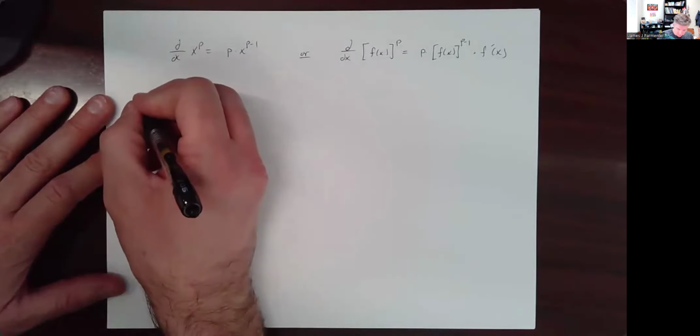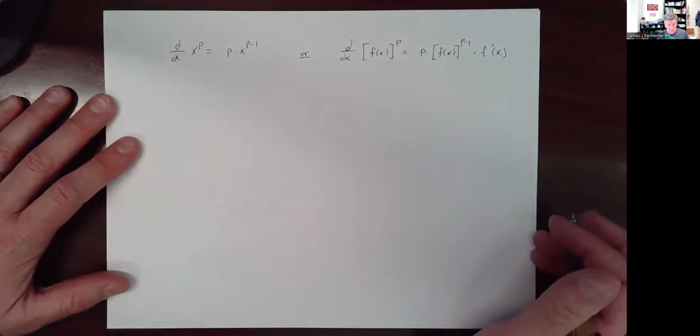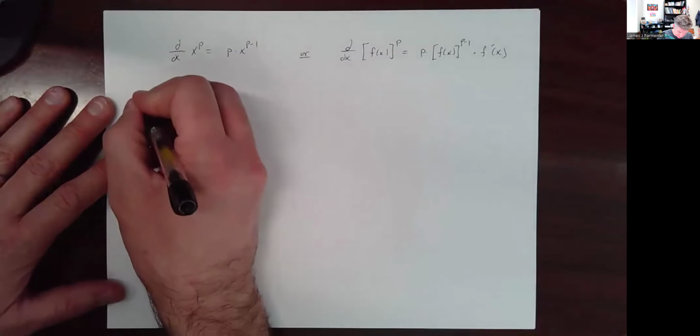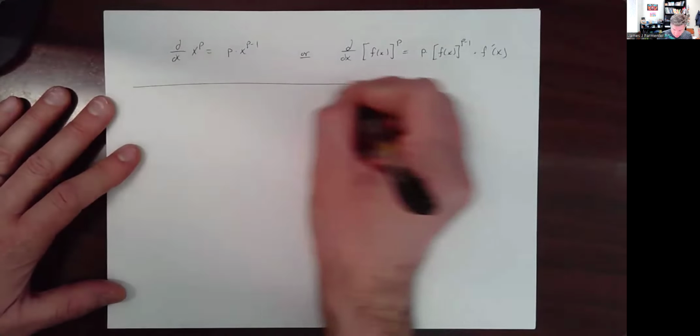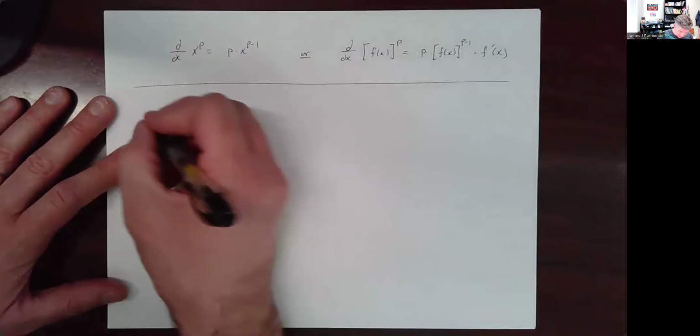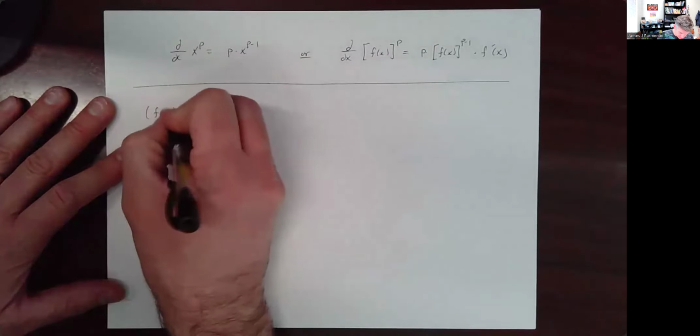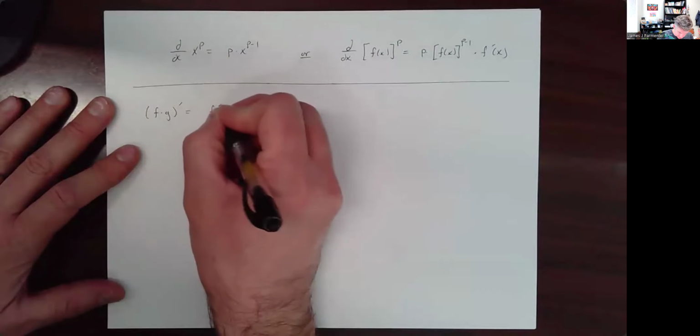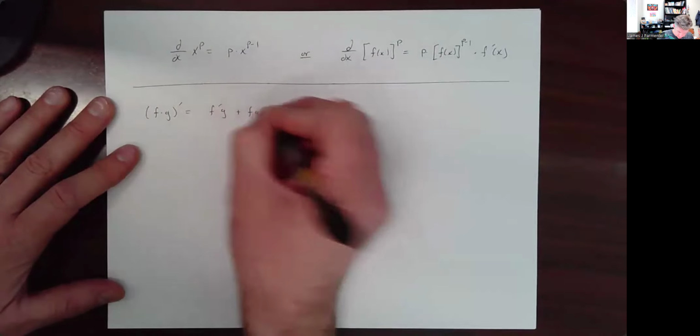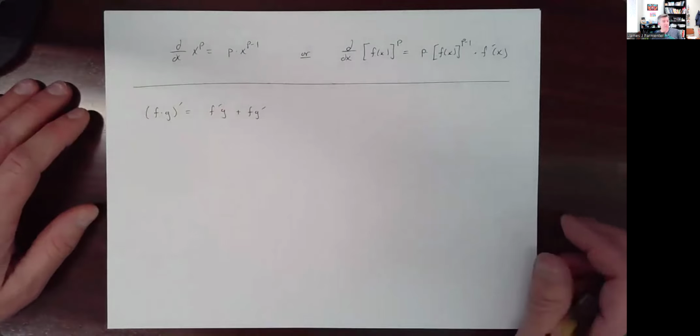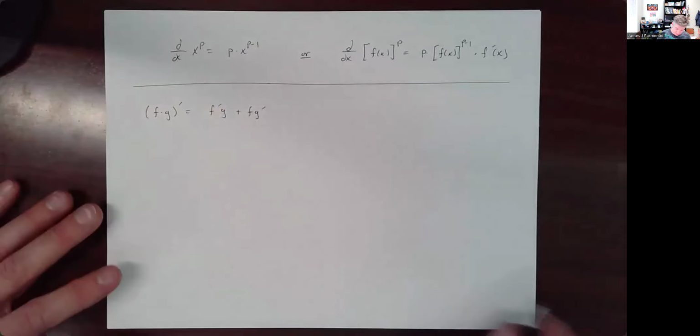So let's prove it. I'm going to use what's called the repeated product rule. As a reminder, it's true that the derivative of f times g is f prime g plus f g prime. But this product idea can actually be extended to a product of any number of things.